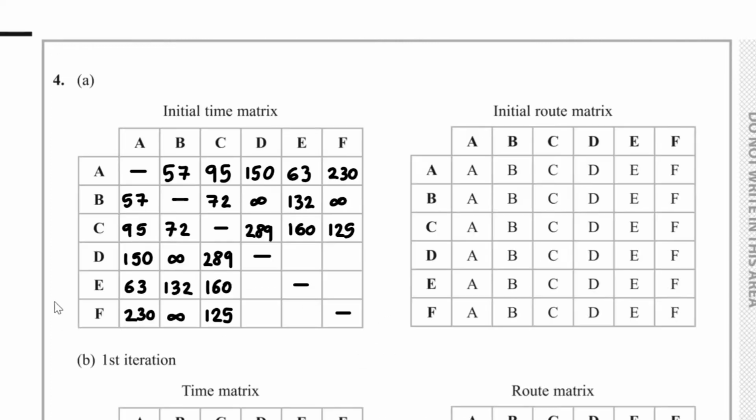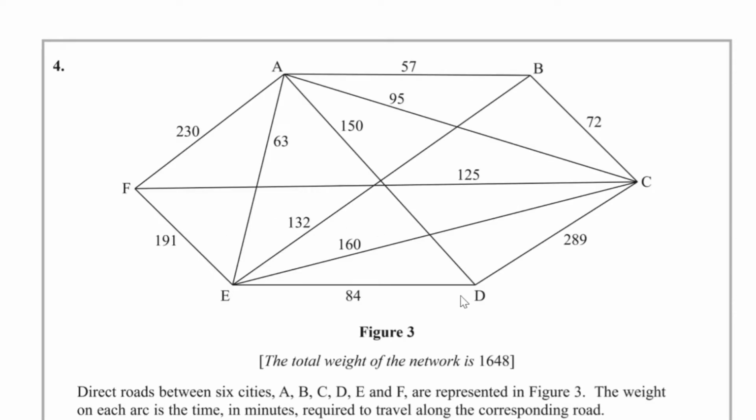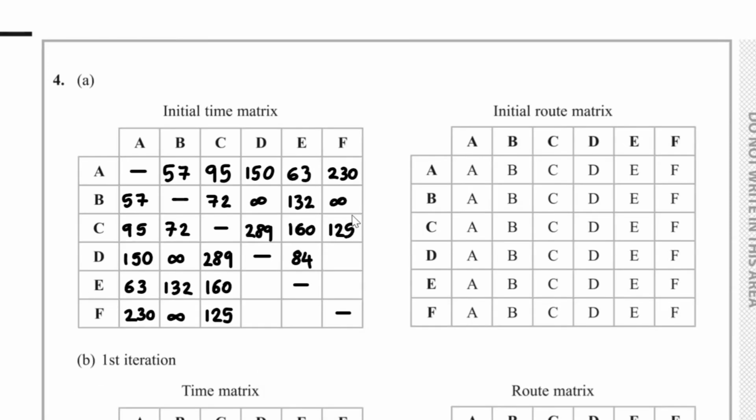Now D to E, that's 84. And D to F, there's not a direct way of getting there, so we put the infinity symbol. So here we have 84 and the infinity symbol.